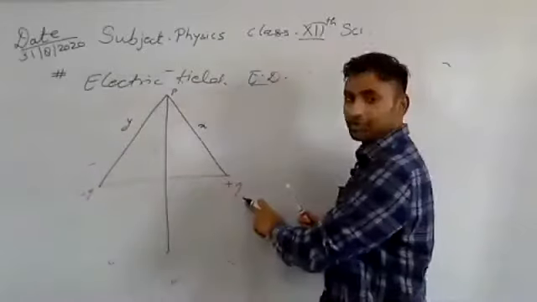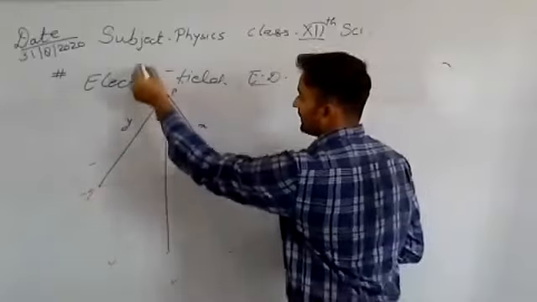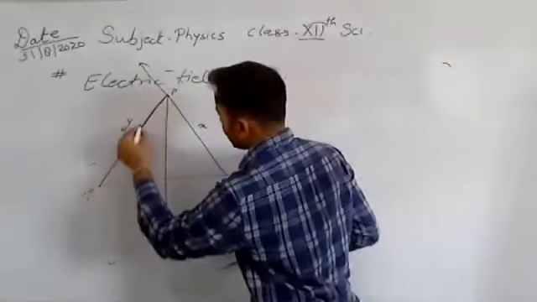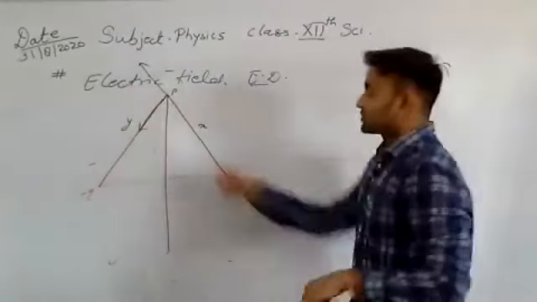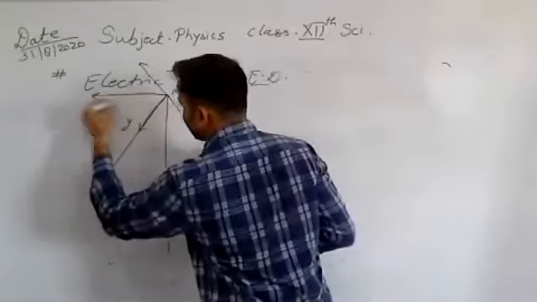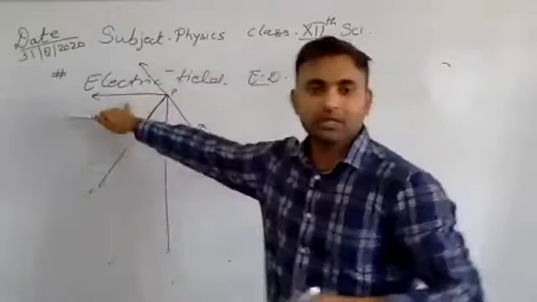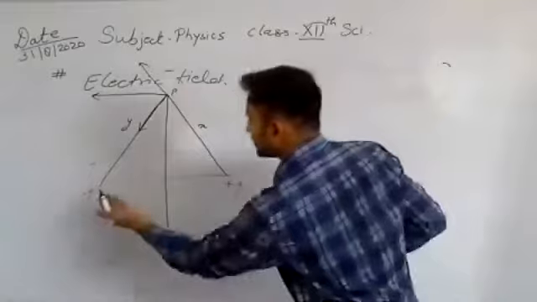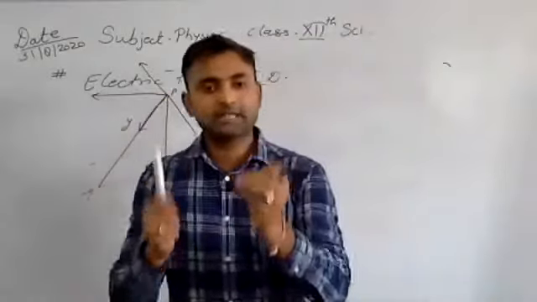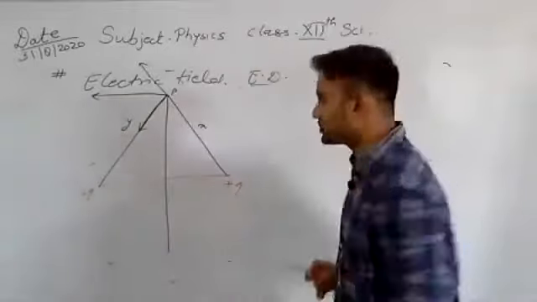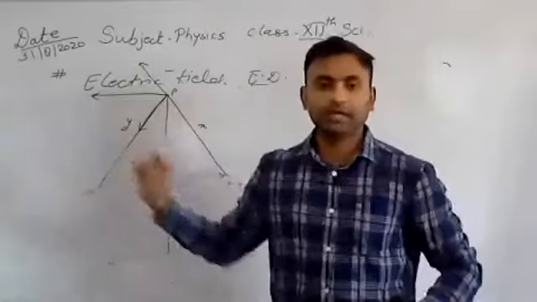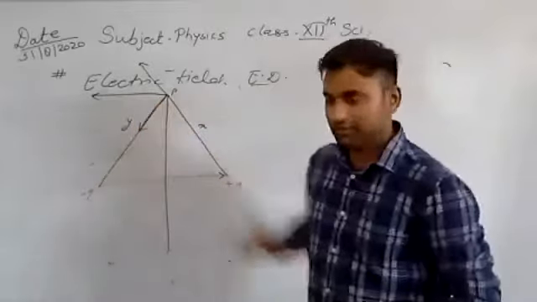Due to this plus Q, it is away. Due to this minus Q, it is along. So the magnitude will be the same. So the resultant will be anti-parallel. That's what I was talking about: if you need to find the electric field intensity at any point in the equatorial plane, its direction is anti-parallel to the direction of your dipole moment. Why does this happen? This is the reason.